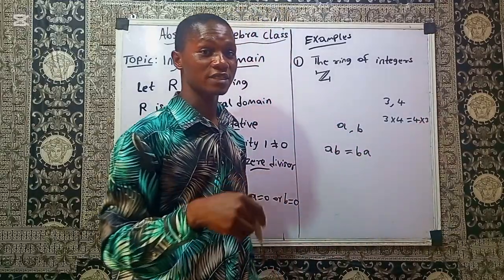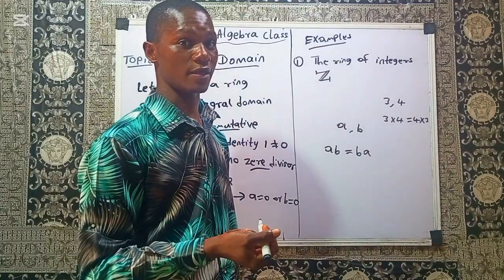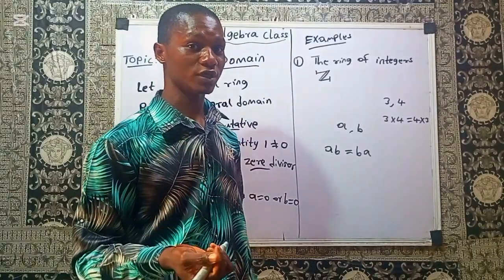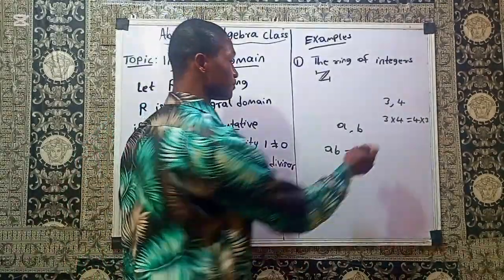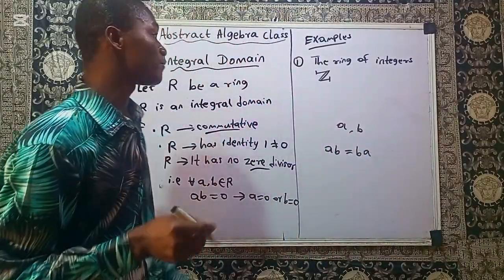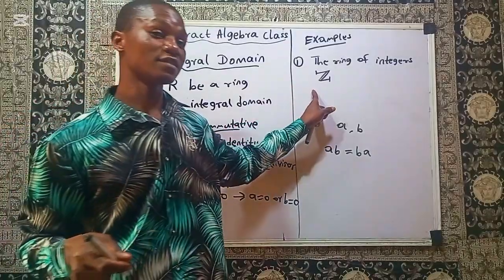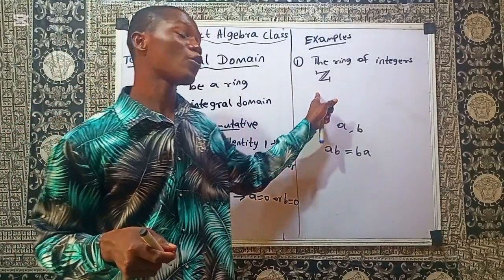So in the ring of integers the commutative law holds, and for a ring to be an integral domain, it must be commutative.